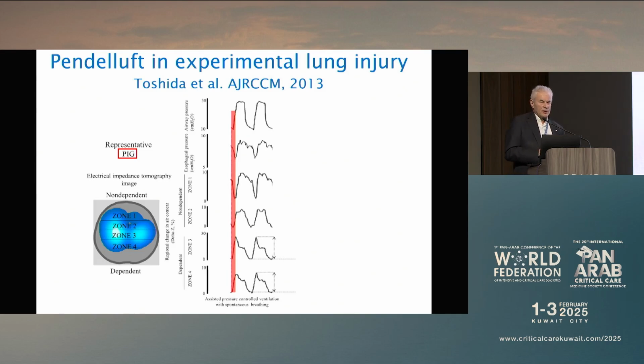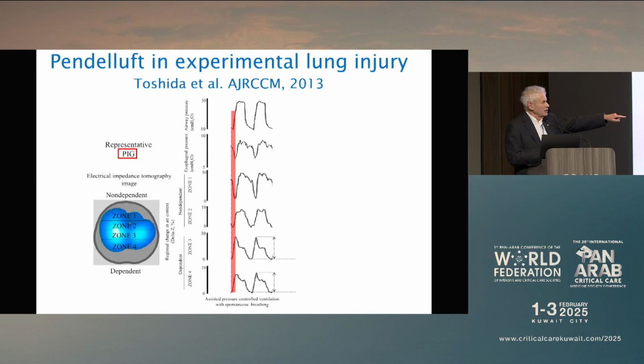And then they used EIT to look at the distribution of ventilation. How does the ventilation occur during a breath? So the top two, let's see if I can get a marker, but if you look at the top two curves, they're airway pressure and esophageal pressure, and you can see the zone 1 to zone 4.